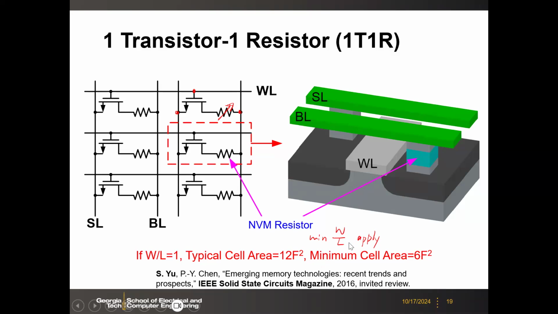You have to increase W over L. If you increase W over L, that means it becomes wider, right? Then your cell size will be more than 12F square, could be up to 50F square, which is true for the MRAM. So it really depends on the current, how much current you need this transistor to deliver to the resistor in order to change the resistance. Okay.